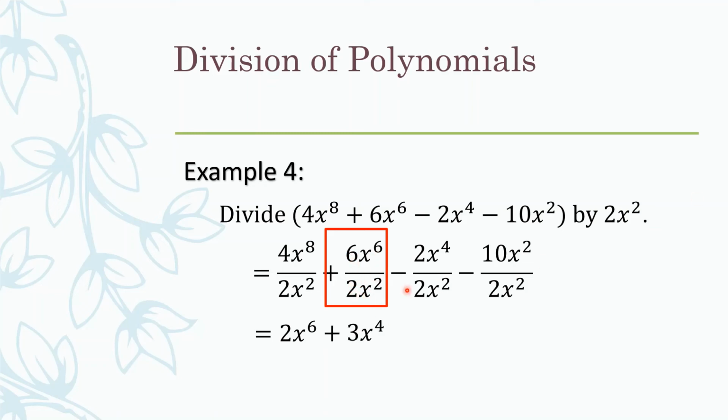Tapos, 6 minus 2 is just equal to 4. Kaya 4 na yung exponent. Next, negative 2 divided by 2 is just equal to 1. We don't write 1 as a numerical coefficient of a term in a polynomial. So, balik tayo sa x. 4 minus 2 is just equal to 2.